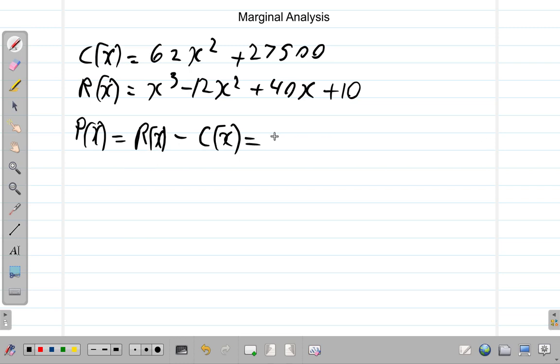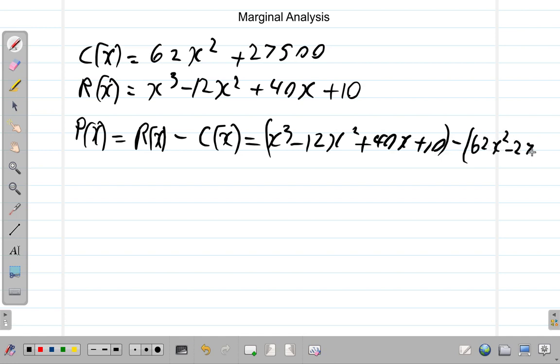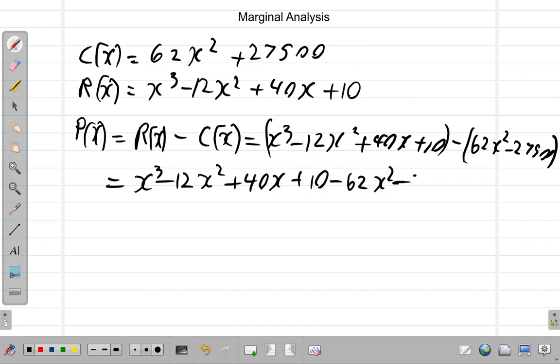So in this case, revenue is x cubed minus 12x squared plus 40x plus 10 minus the cost, minus 62x squared minus 27,500. So in that case, let's remove the brackets. You have x cubed minus 12x squared plus 40x plus 10 minus 62x squared minus 27,500.